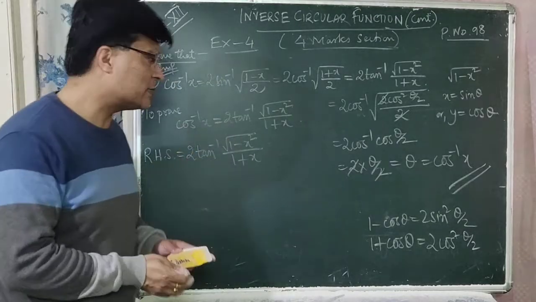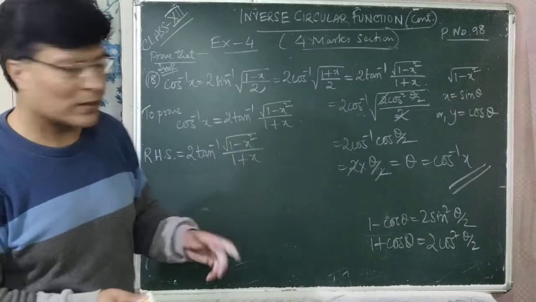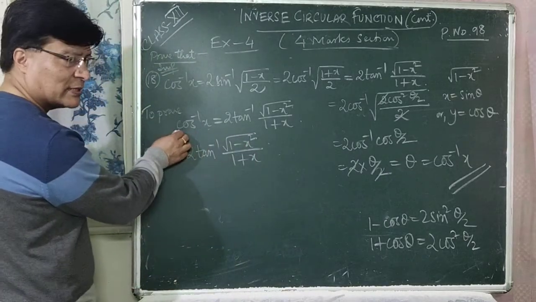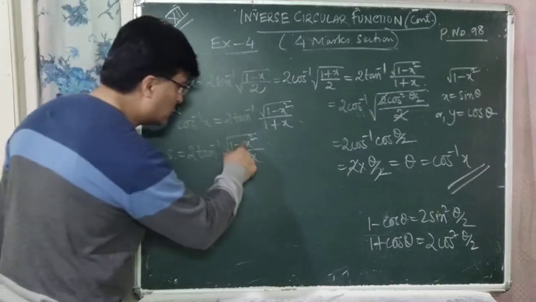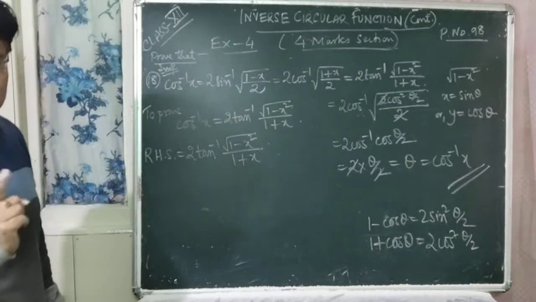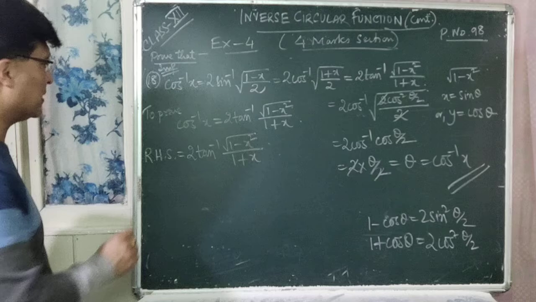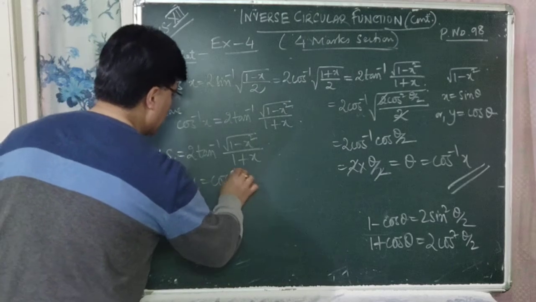But in this case, what should you put for x? Is it sine theta or cos theta? On the left hand side there is cos inverse x. Since you have to prove cos inverse x, that's why you have to put x is equal to cos theta. So let x is equal to cos theta.